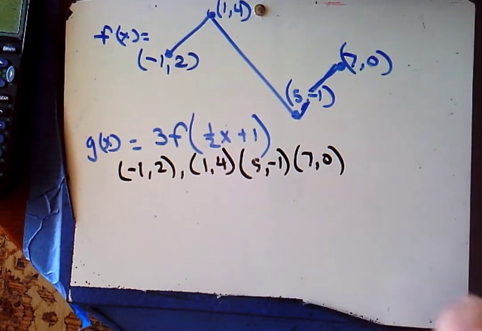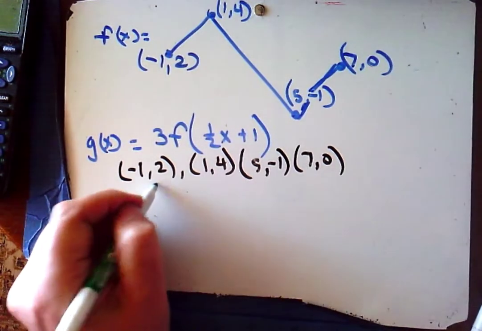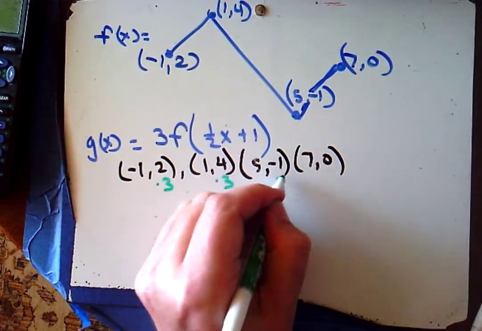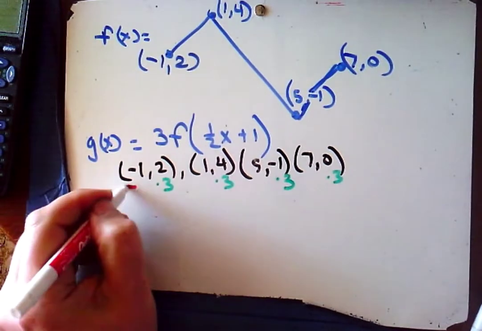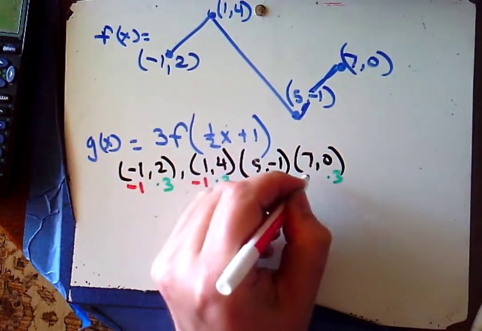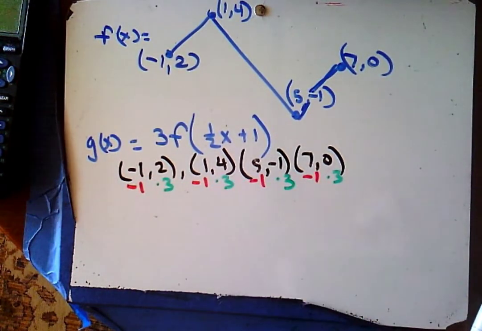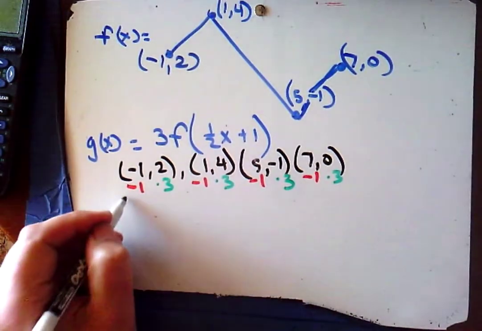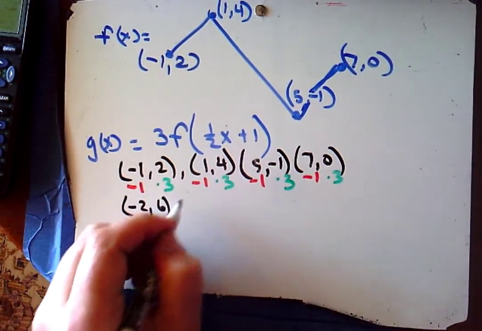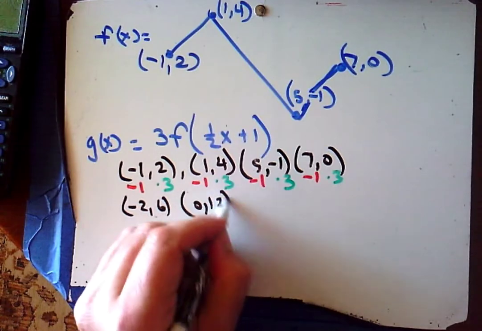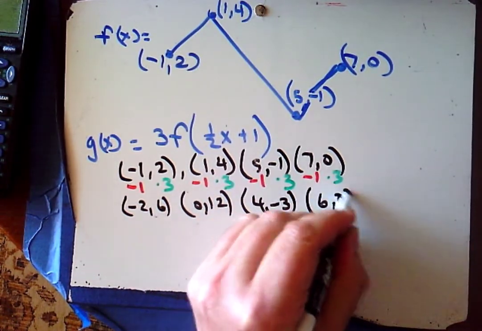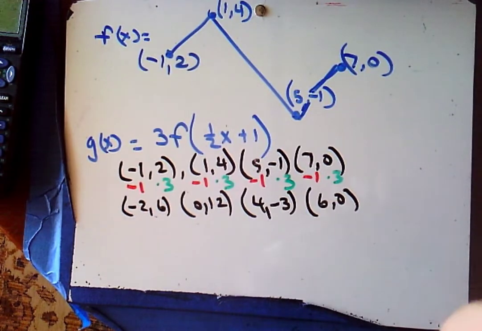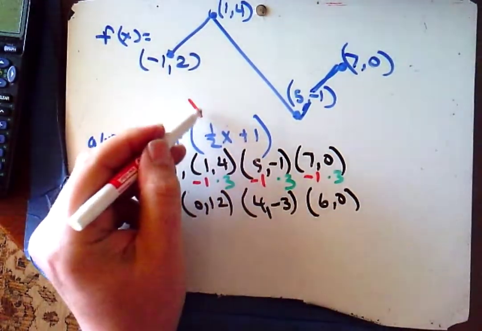So let's start this process by multiplying the y's by 3 everywhere, and subtracting 1 from the x's. This gives me negative 2, 6, 0, 12, 4, negative 3, 6, 0. I still have to come back and do this transformation.